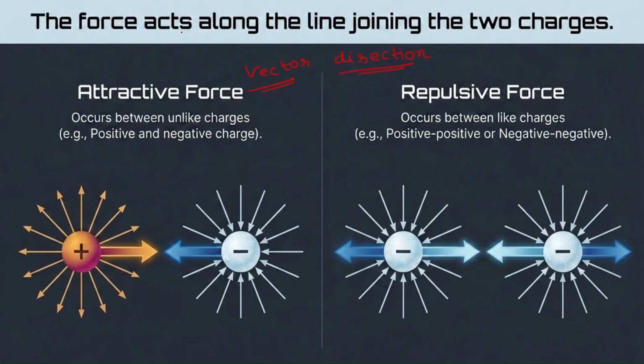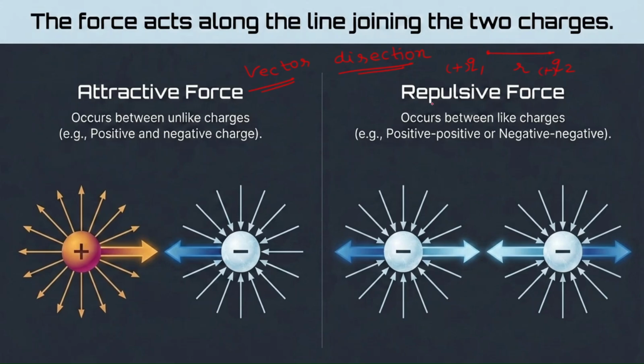The force acts along the line joining the two charges. What does it mean? Let's suppose I have Q1 here and Q2 here. The distance between the two charges, let's suppose, is r. Now, let's say this is a positive charge.